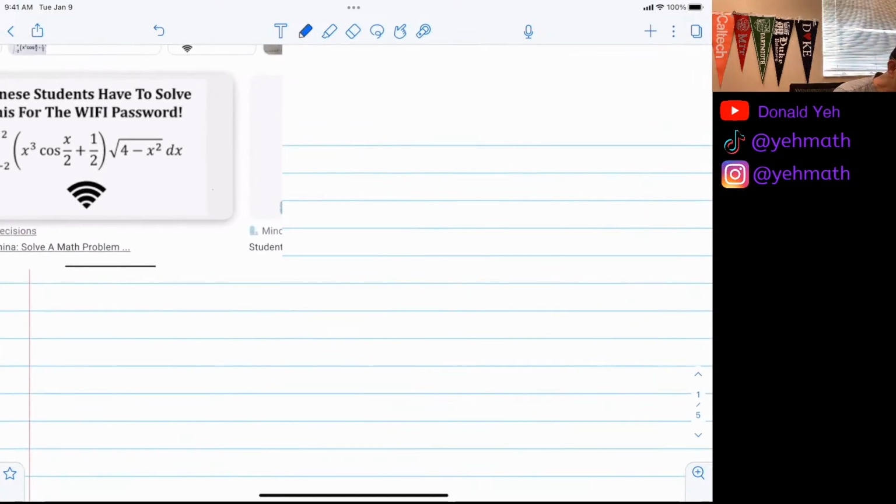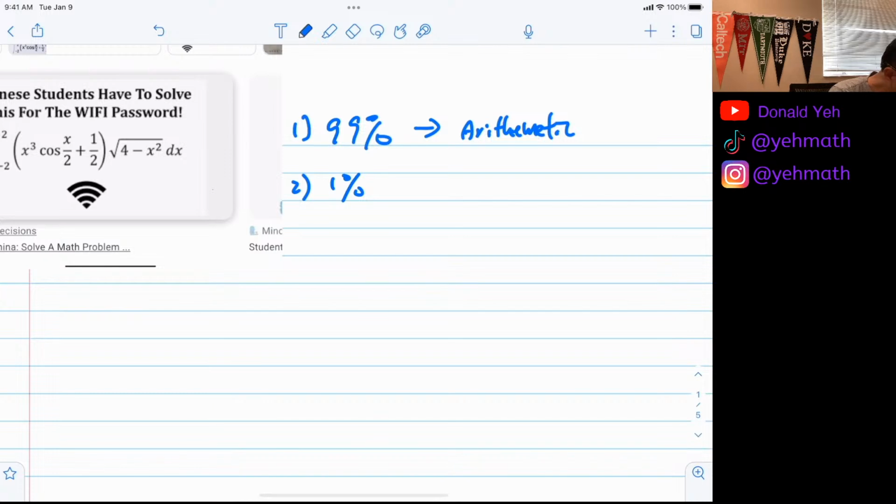I would say 98%, or pretty much 99%, of problems you're supposed to do using arithmetic. But there's a 1% of problems I would prefer to do with geometric. But we study that 1% first.